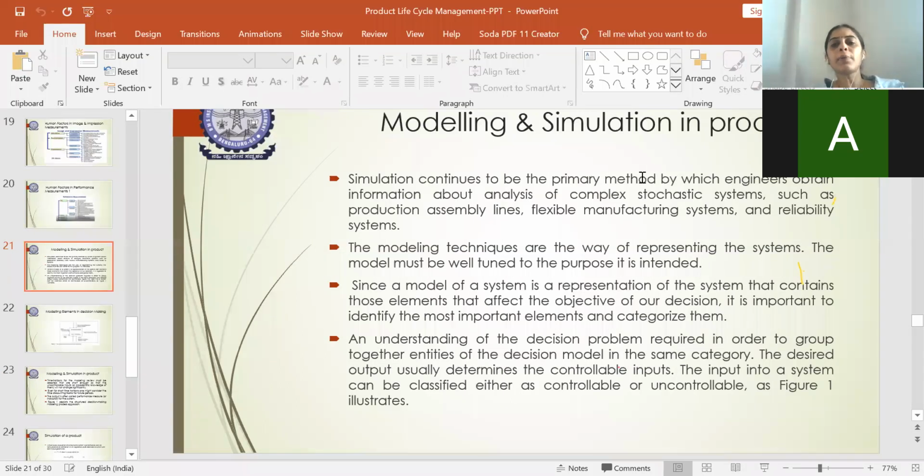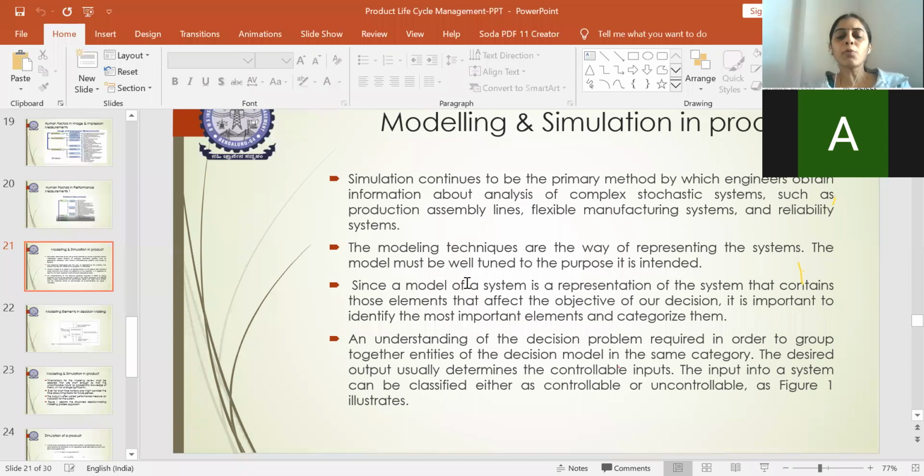It continues to be a primary method by which engineers obtain information about analysis of complex stochastic systems such as production assembly lines, flexible manufacturing systems, and reliability systems. Right, there should be some assumptions for the systems you are going to follow, and you have to do the analysis related to it. So it is very essential that you take care of all these stochastic systems in a real world. For that you should have some modeling techniques associated.